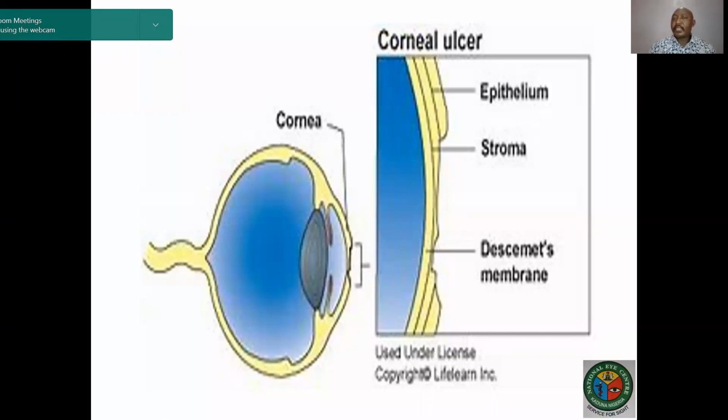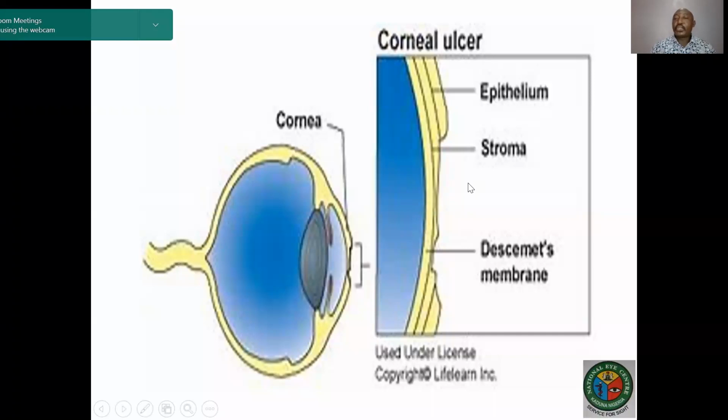Vision and other related things will be normalized. But where there is a penetration of the Bowman's and the stroma, healing occurs with scar, and the subsequent sequelae, depending on where it affects, could range from visual impairment, if it's in the visual axis, to astigmatism.